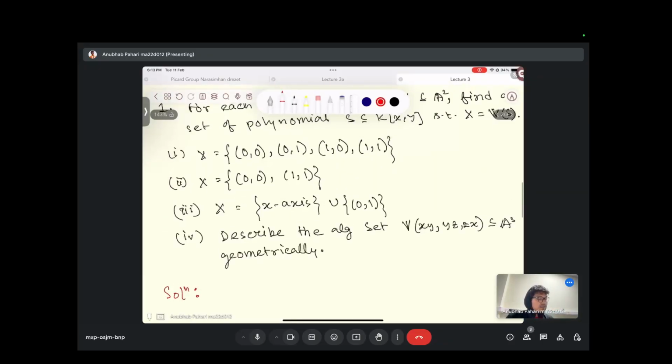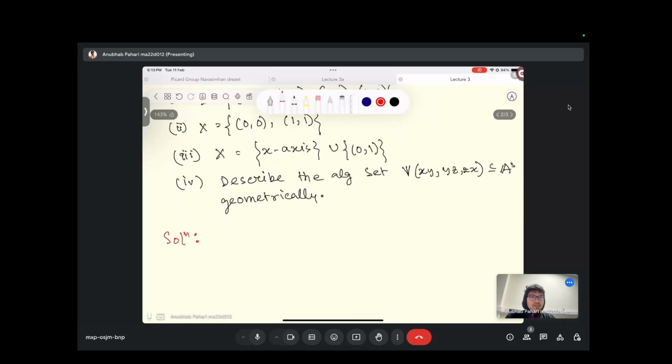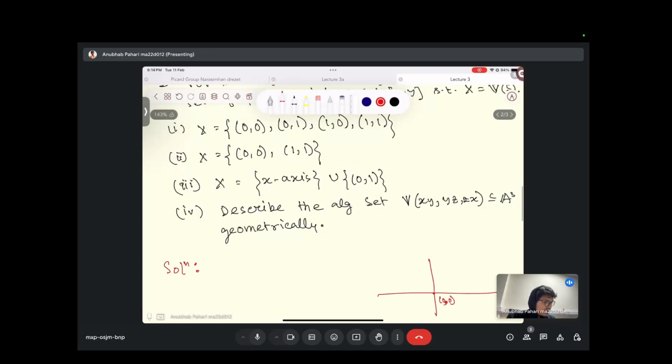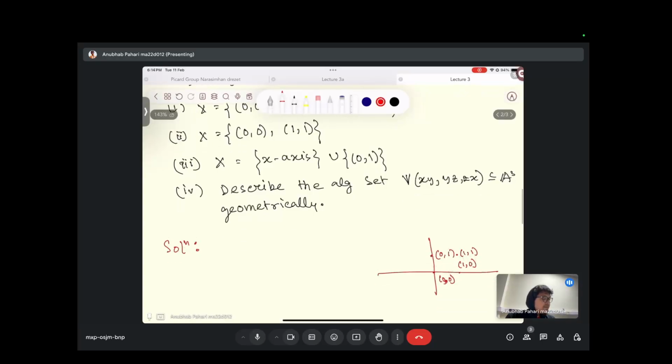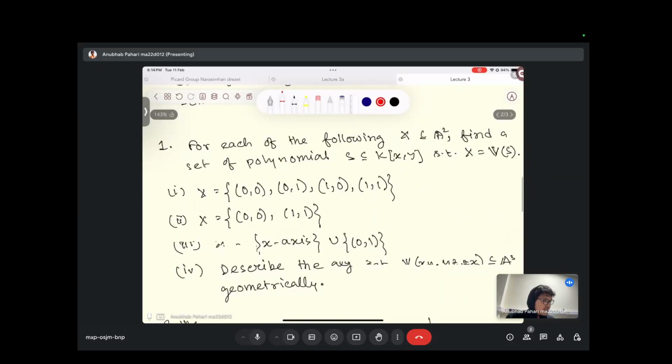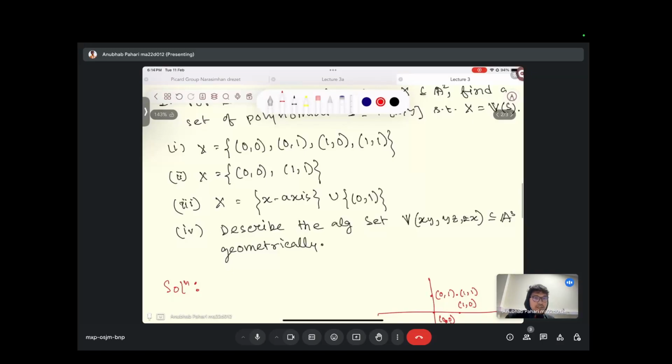So if you look at the graph and see the points, this is your (0, 0), this is your (0, 1), this is your (1, 0), and this is your (1, 1). So this is a finite set in A2.